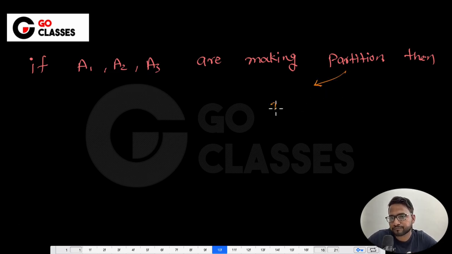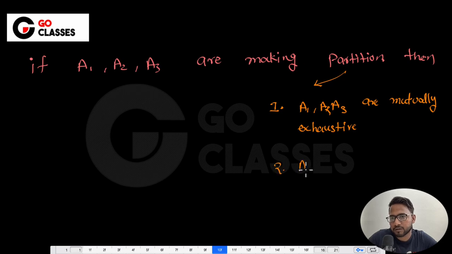Partition means A1, A2, A3 are mutually exhaustive, and the second point is A1, A2, A3 are mutually disjoint. Right? These are the two points.